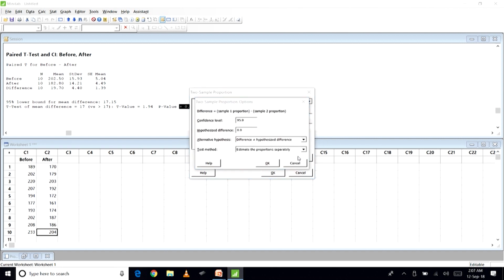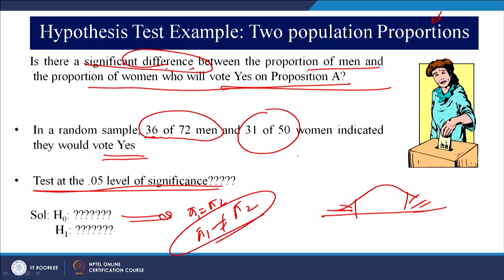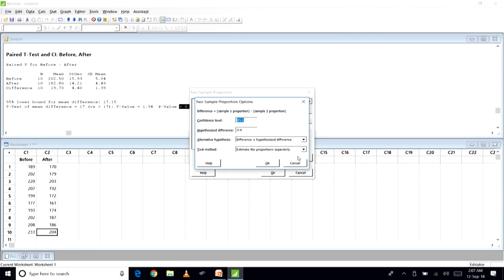At what significance level are we testing it? At 0.05, right. So, this is correct, 95%. Hypothesized difference is 0. Now, the alternative hypothesis is over here. So, it is not equal to type, right. So, difference is not equal to hypothesized difference. Estimate proportion separately?